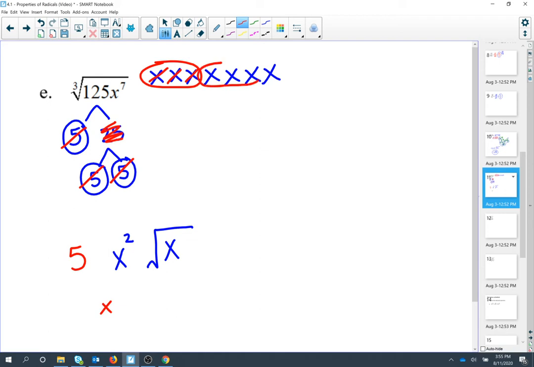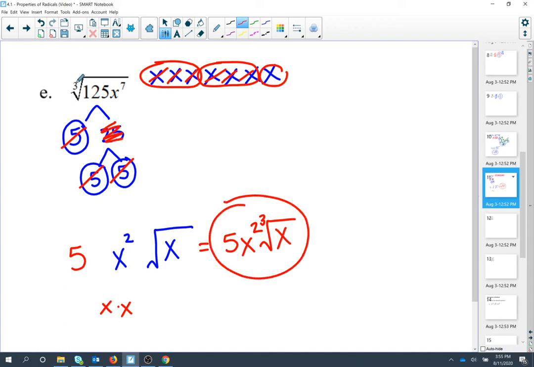Another group of 3. 1, 2, 3. So now I have another x out. This guy, back inside the prison. Ultimately, if we put it all together, 5x squared times the cube root of x, because don't forget, your prison up there was a cube root.